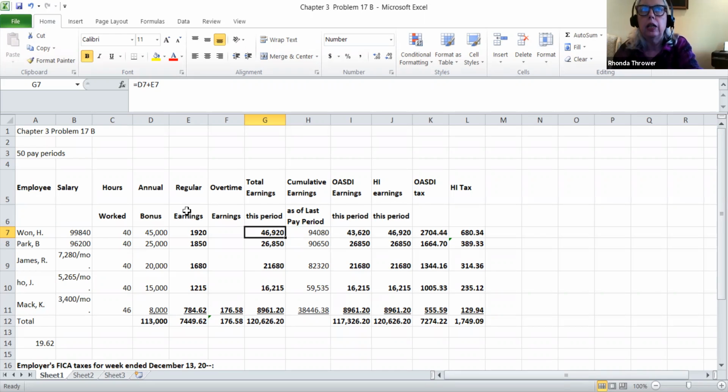This is the earnings amount that they want you to calculate first. Now, if the annual salary was $99,840, if you were to add the bonus that you got with that annual salary, it's going to go above the ceiling for OASDI earnings. Remember, the ceiling for OASDI earnings is $137,300. You don't pay any OASDI taxes above this amount.